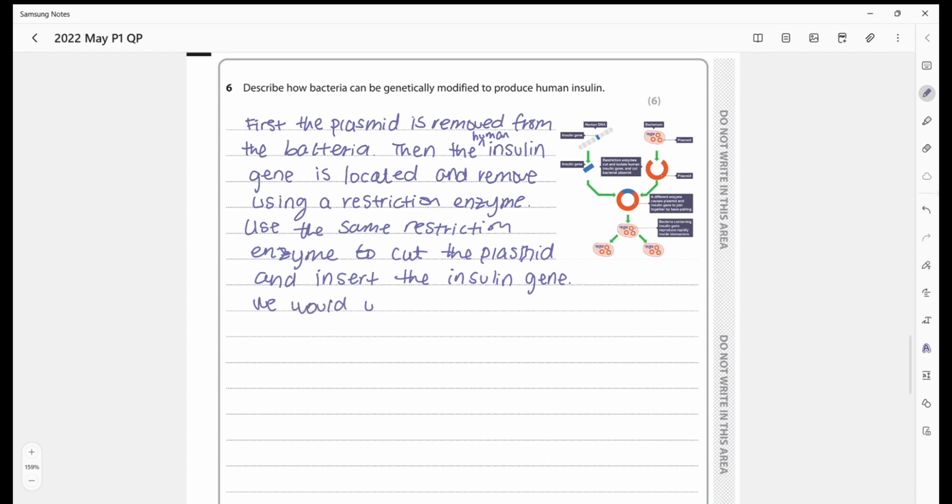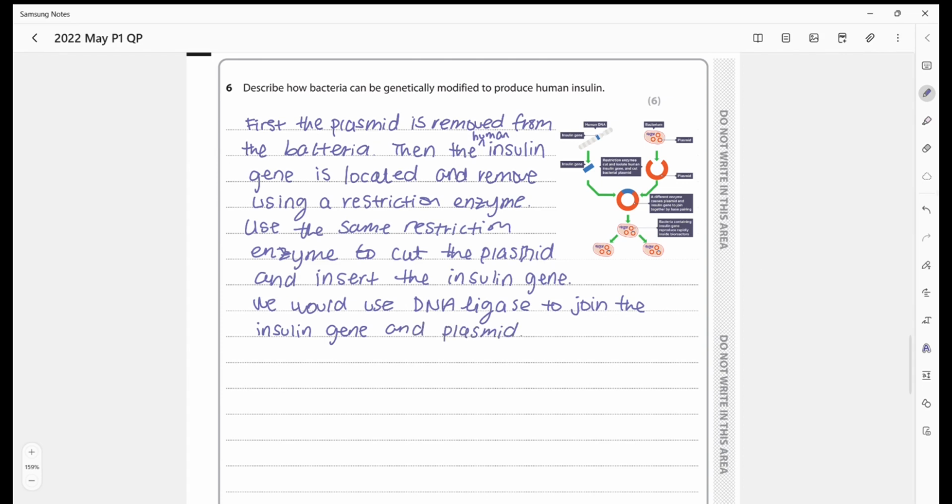You would use DNA ligase. So this is another enzyme that you need to know. DNA ligase is responsible for joining these two pieces of DNA together, to join the insulin gene and plasmid.